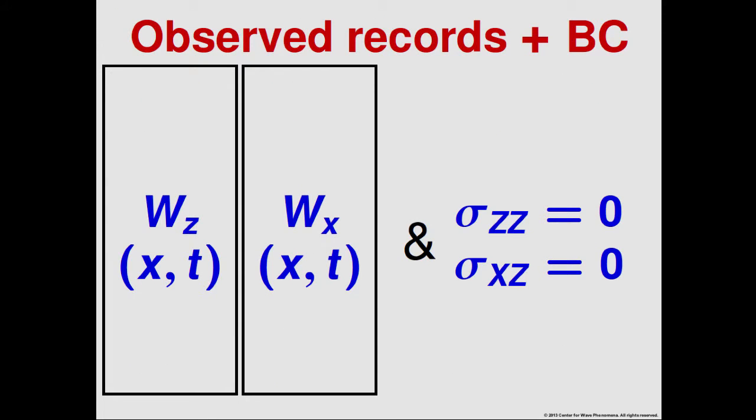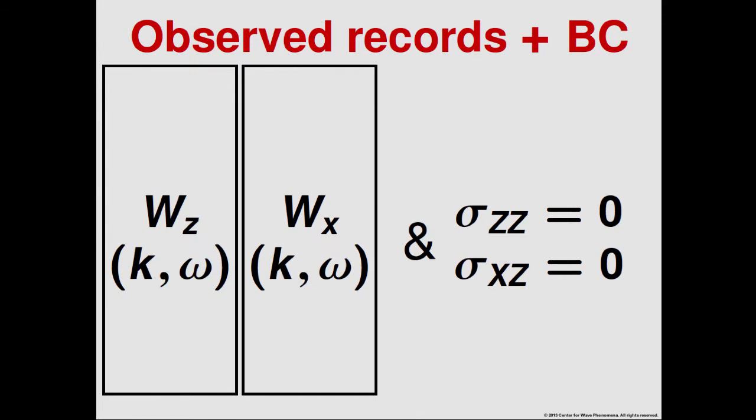I will show you the procedure of this decomposition by using cartoons. These are observed records and boundary conditions at the free surface. Observed records are originally in the space-time domain, and we first convert them into the wave number-frequency domain by using Fourier transforms. Each complex value in this domain satisfies those stress-free boundary conditions.